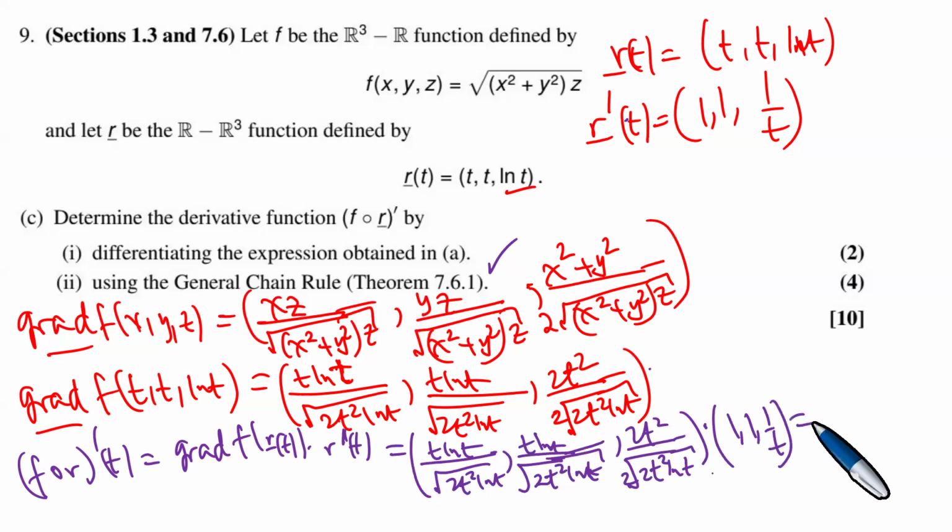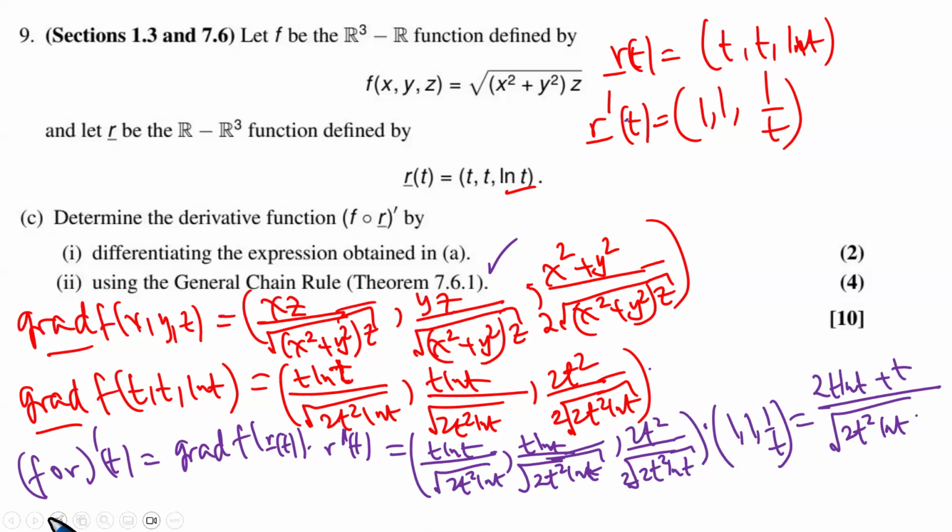Okay, I'm going to be very brief. If you simplify everything here, you dot these things and add everything up, component-wise multiplication. So it's going to get to t, 2t ln t plus t divided by the square root of 2t squared ln t.